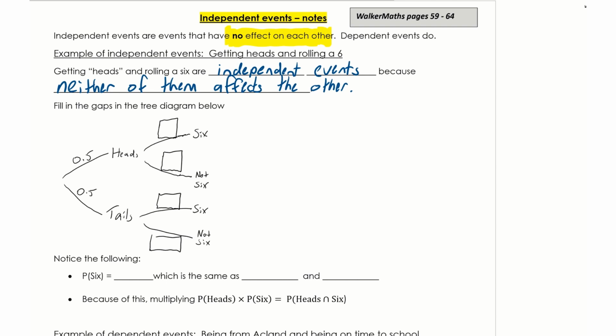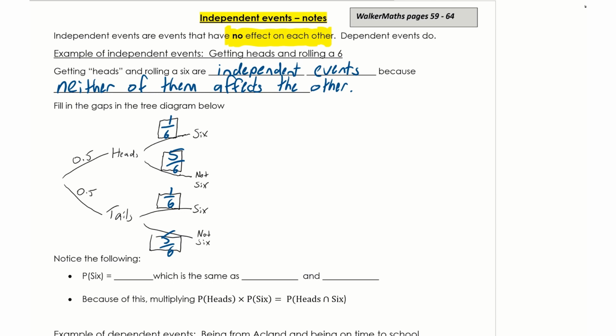And if we look at a tree diagram, we can show that mathematically because we know there's a 50% chance of getting heads. The chance that you roll a 6, if it's a fair 6-faced die, will be 1 in 6. And the chance that you don't will be 5 in 6. What's important is that that doesn't change if you got tails on the coin. Still 1 in 6 and 5 in 6.